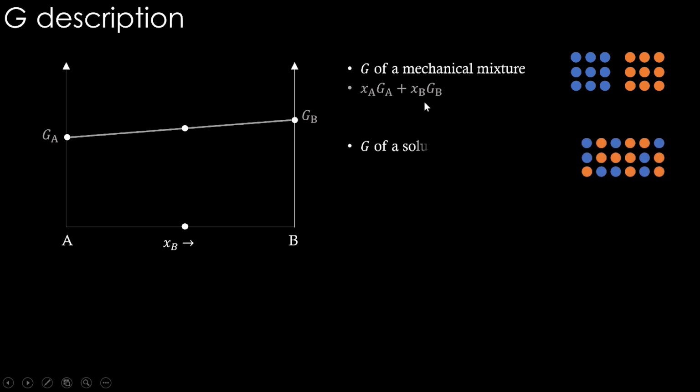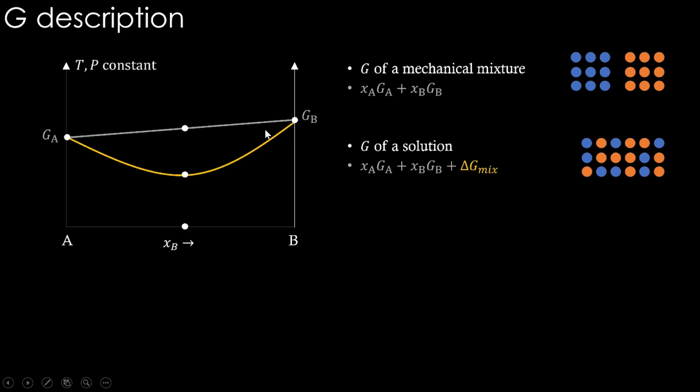And once the solution forms, we can talk about the Gibbs energy of the solution: XaGa plus XbGb, plus a mixing Gibbs energy will be added. The difference between these two lines is the Gibbs energy of mixing, and this entire thing is at constant temperature and pressure.